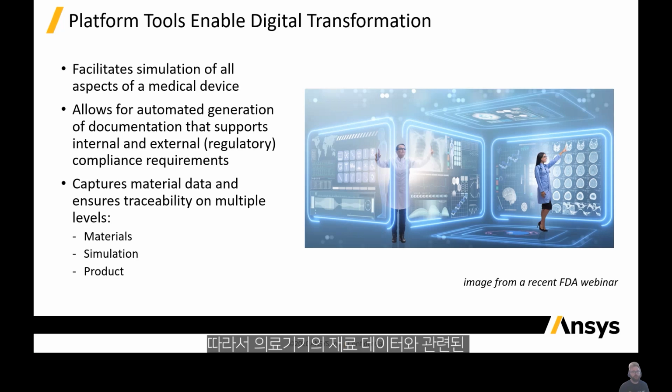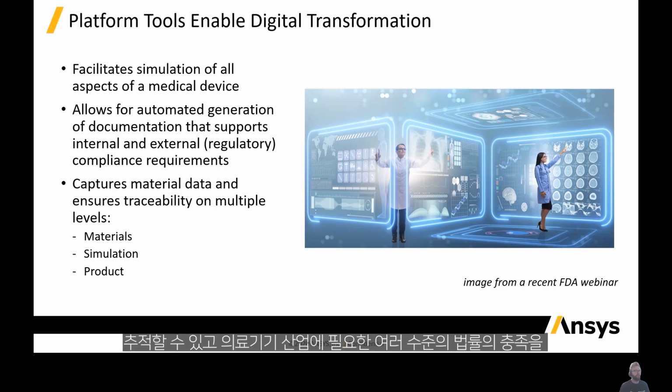So being able to capture a medical device's materials data in particular, which is what we're going to focus on today, as well as any simulation results associated with it, will enable us to have traceability on multiple levels that are necessary in the medical device industry to meet the legislative burden that we have to deal with, as well as having traceability down to simulation and product level.